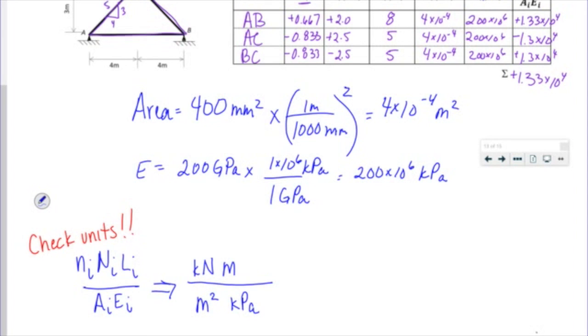Why did I do kPa? Because a pascal is a newton per meter squared, so a kilopascal is a kilonewton per meter squared. Get to cross some stuff out. The kilonewtons, my meter squared. My deflection is in meters.